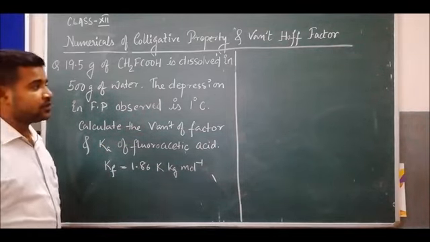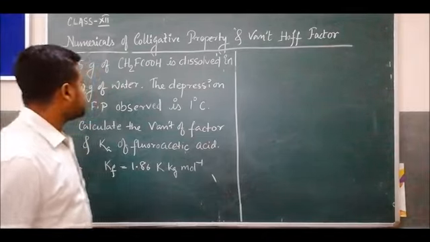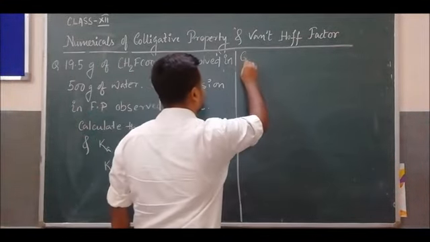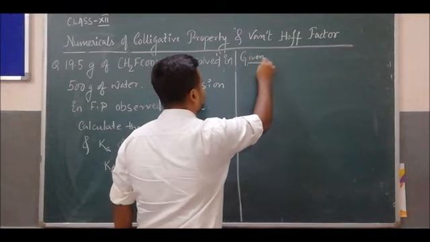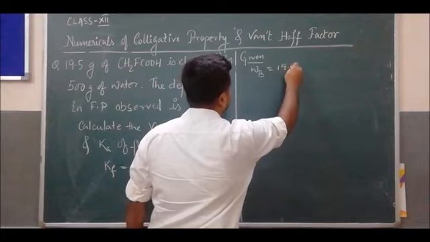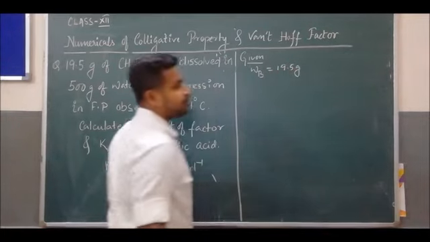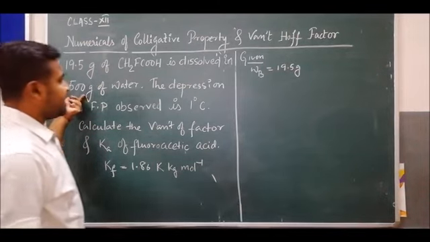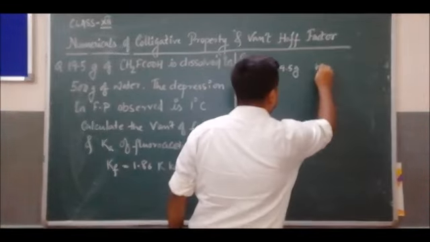Kf value is given. So first of all we will start with what is given. WB is equal to 19.5 gram. Then WA is 500 gram.